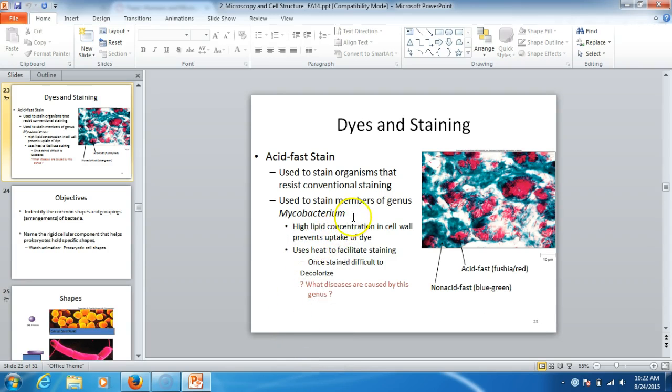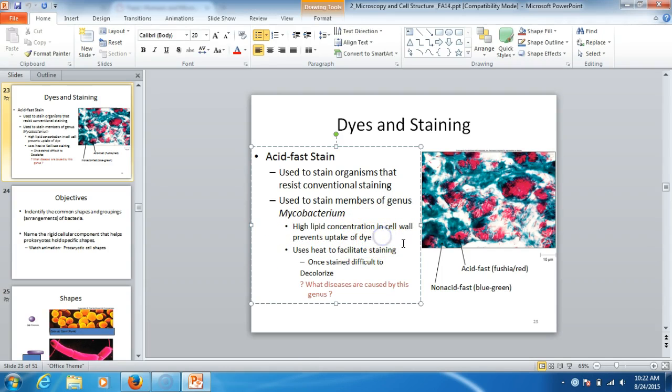I'll add that in. So the high lipid concentration in the cell wall prevents the uptake of the dyes, and the actual substance is mycolic acid. And that's where you can imagine part of the reason why they have the name they do.